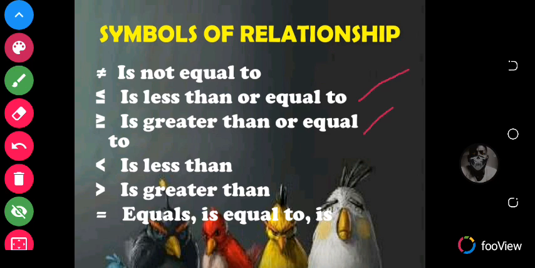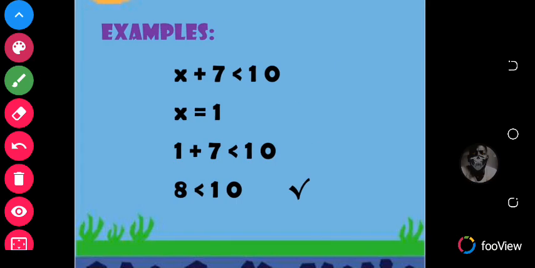This is greater than or equal to. This is less than or equal to. This is the less than symbol, the greater than symbol, and this is the equal to sign. Example: x plus 7 is less than 10. If x is equal to 1, x plus 7 is 8, and 8 is less than 10.